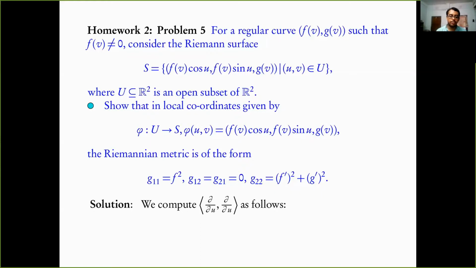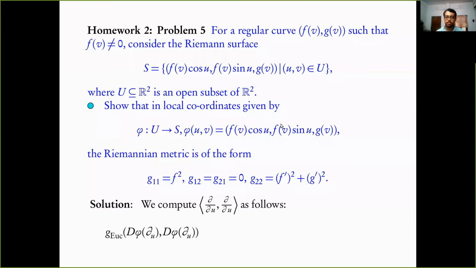So what you have to compute? You have to compute the inner product of del u with itself. That's going to give me g11, right? So, well, how do you do that? You just simply calculate d phi of del u. So you start with d by du in the local chart, d by du is a coordinate system u. Apply the map d phi, then you get a tangent vector in R3.